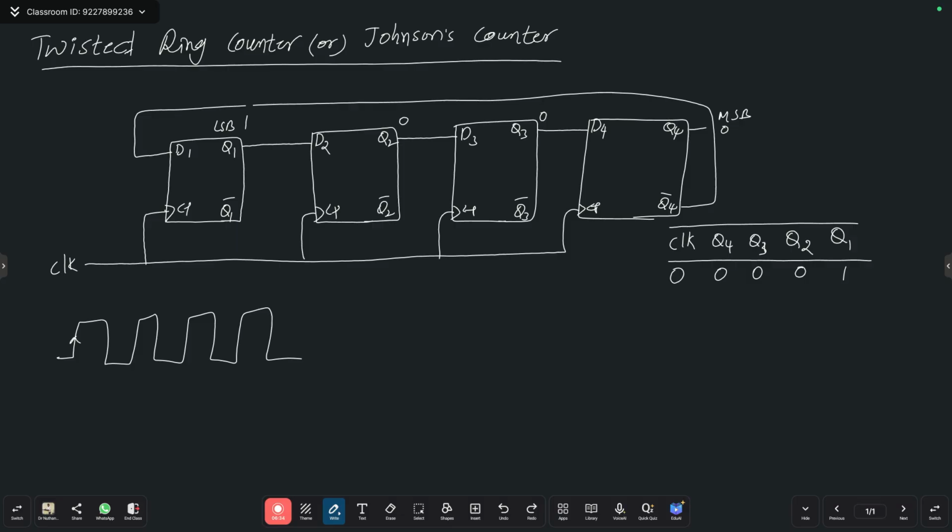Before supplying the clock, this output will be connected to the first flip-flop. What is the output here? Q4 is 0. When Q4 is 0, what is the complement of Q4? 1. So this 1 will come to here, it should be ready. Yes or no?